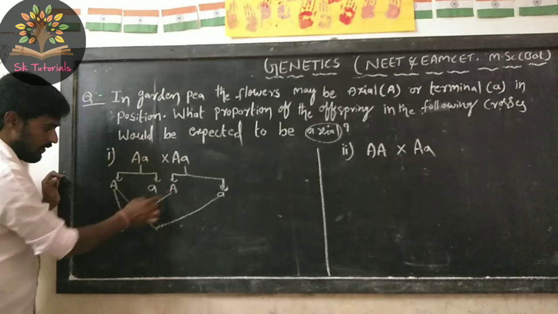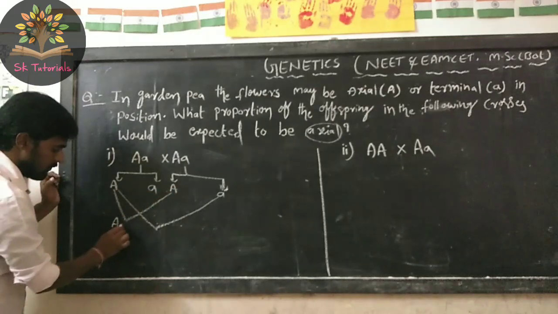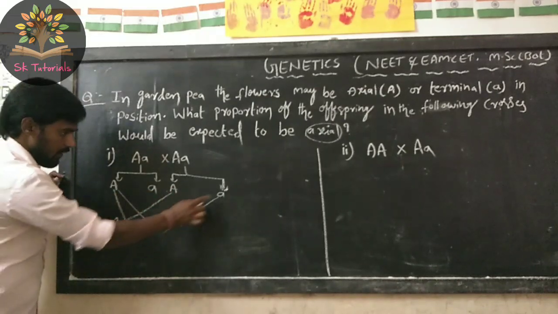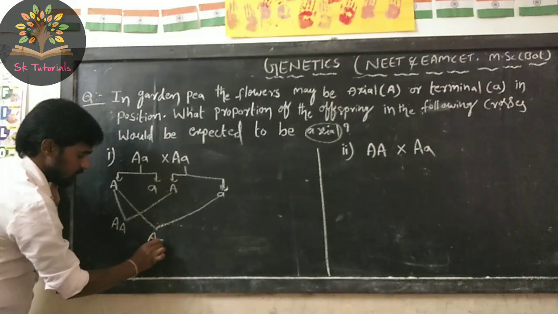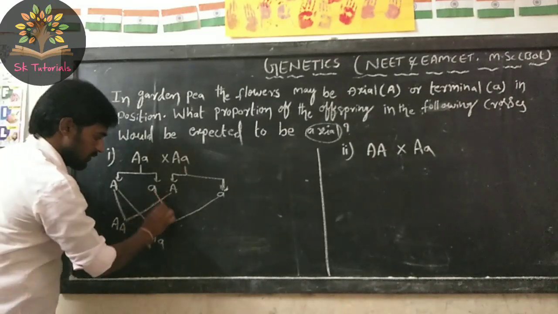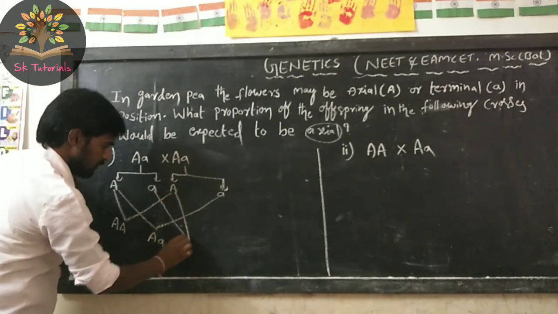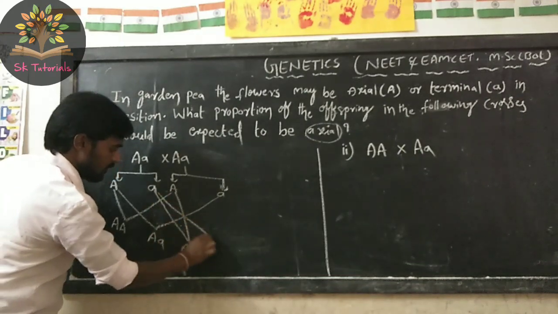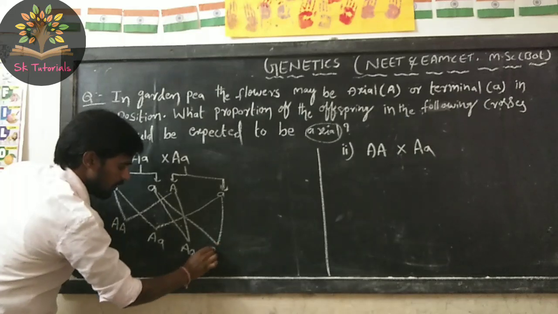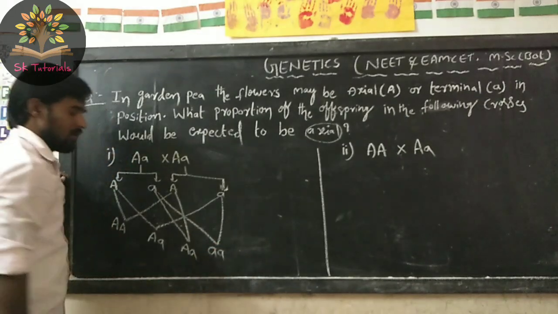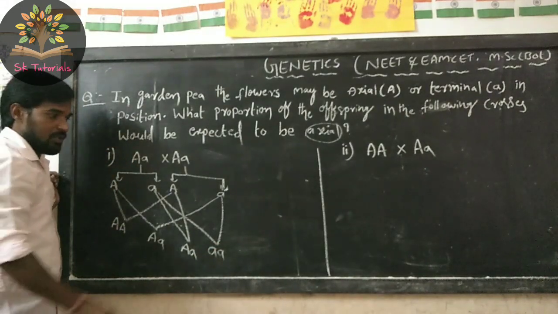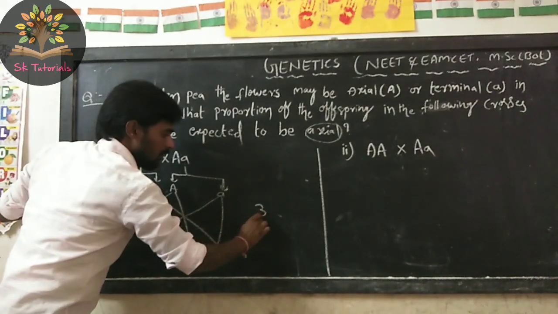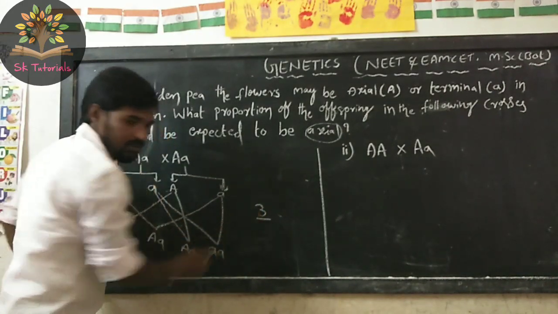Capital A, capital A. Capital A, small a. Capital A, small a. Small a, small a. What is the proportion? 3/4.